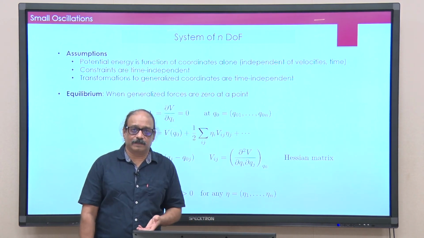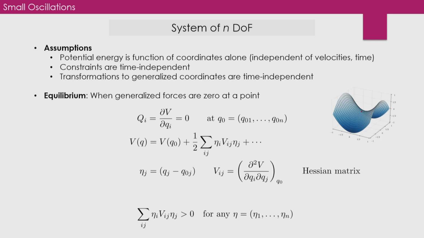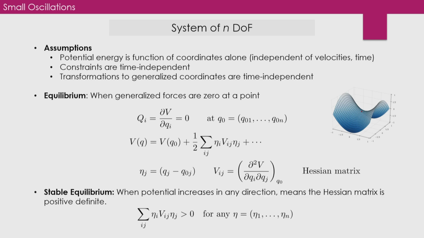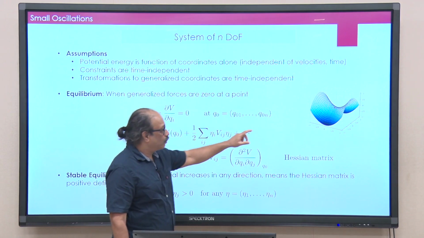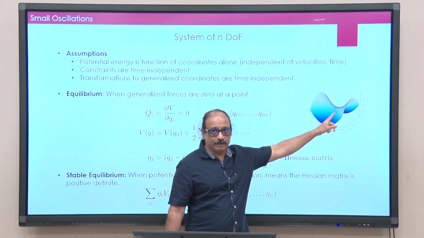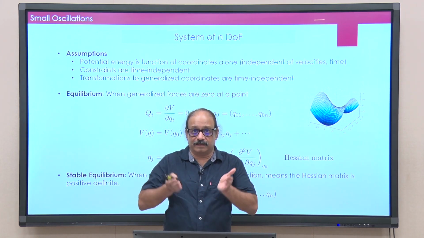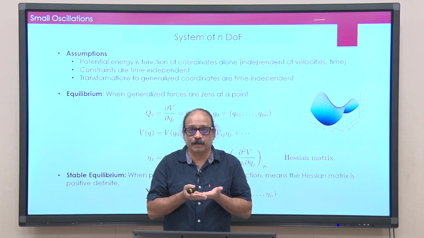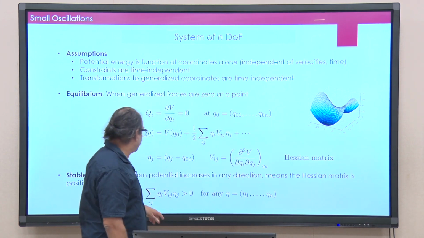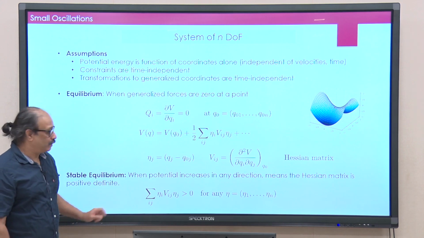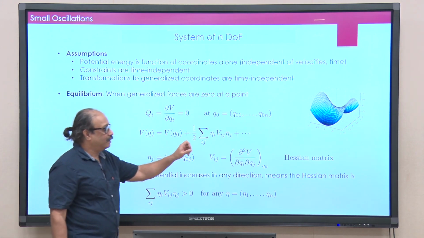And how do I know that this is a minimum and not a saddle point like that one? That we already know from our discussion in the first few weeks, that if I go away from the equilibrium point, the potential must increase if it has to be a true minimum, okay, and that is when we get what is called a stable equilibrium. And what does that condition mean?